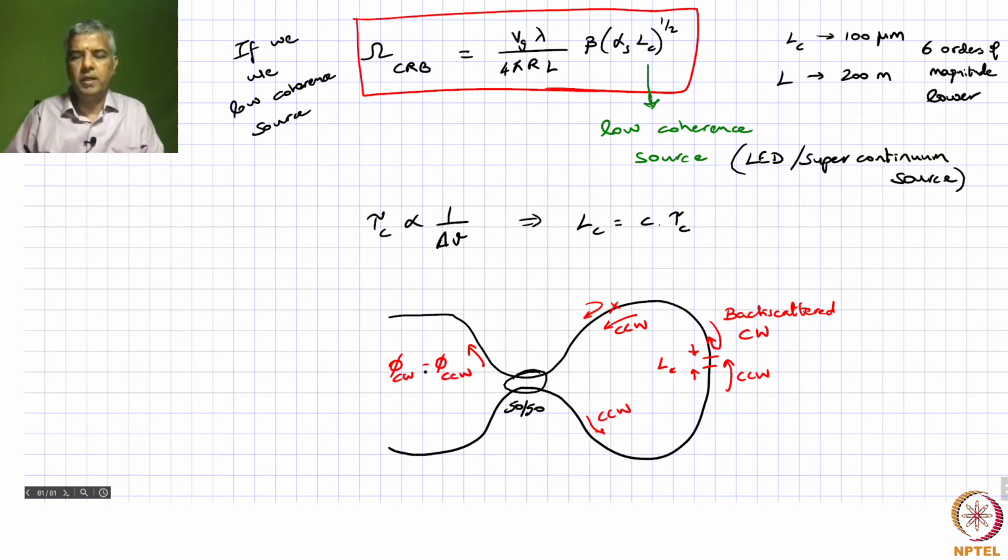The difference we are seeing only within that coherence time, essentially. So only those sort of differences we are picking up. But nevertheless, the phase does accumulate over this entire loop.